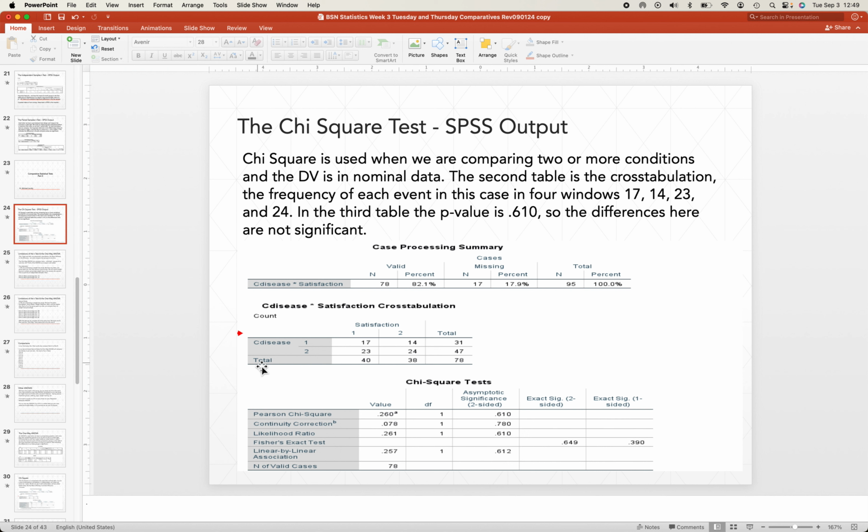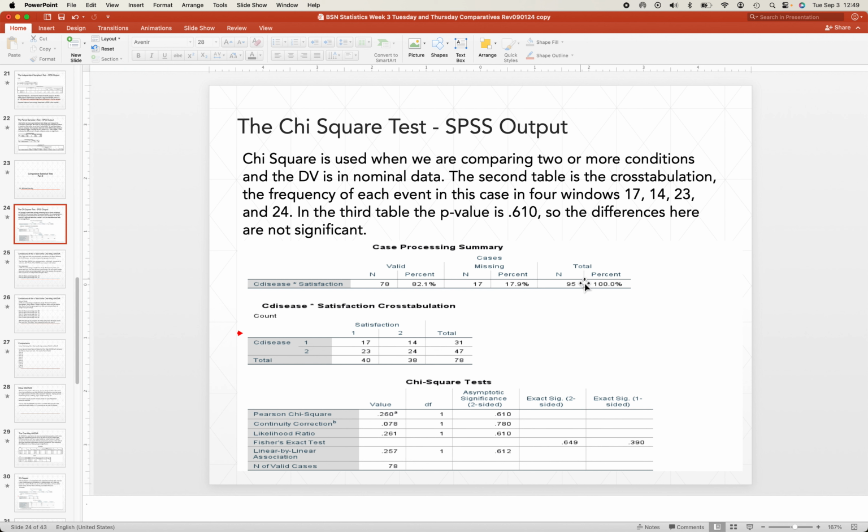For the chi-square, if I run a chi-square in SPSS, this is exactly what I get. This was a study that I was working on with a student, and I ran the data. This is what we got. I want you to notice that in all of this output, and this is all we get, there's no R value. We have the number of participants.